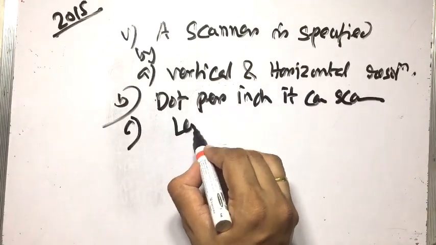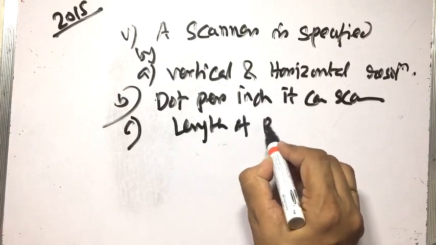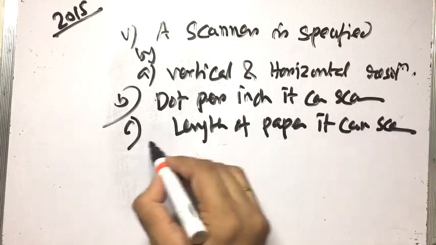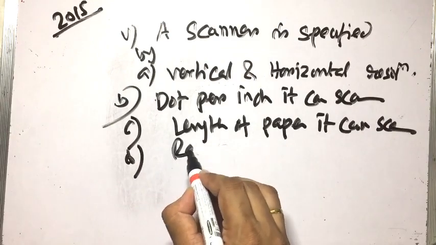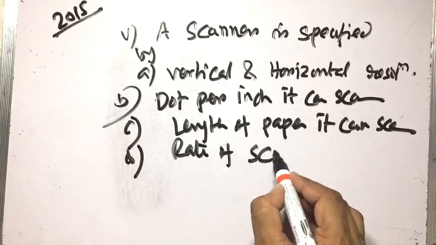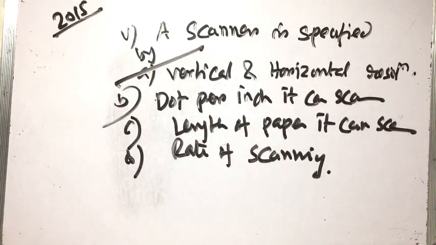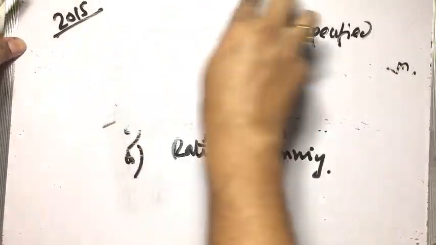Option C, length of paper it can scan. Option D, rate of scanning. The answer is vertical and horizontal resolution. So a scanner is specified by vertical and horizontal resolution.